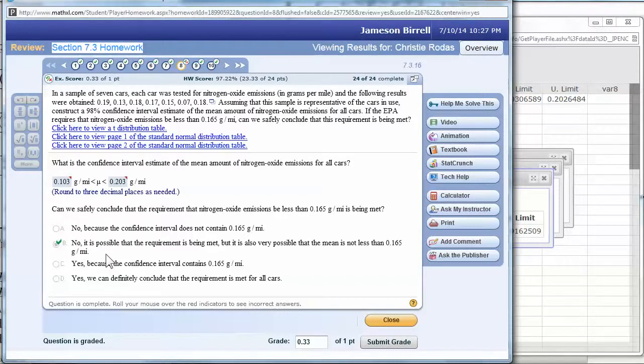Right, so I'll go with that because we are 98% confident that the average falls between that, but that interval overlaps this less than 165 thousandths benchmark.